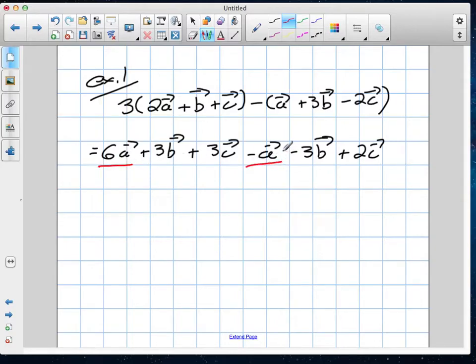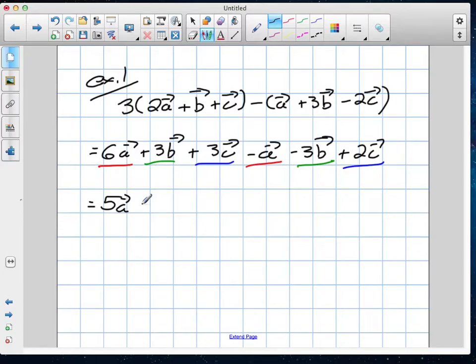Well, now we have some like terms. We have our A vectors, B vectors, and our C vectors. Let's simplify them. 6A minus A. Anyone know what that's going to be? Equivalent to 5A. Okay. Remember, we're adding vectors together. The vector A is going to be parallel to itself, right?